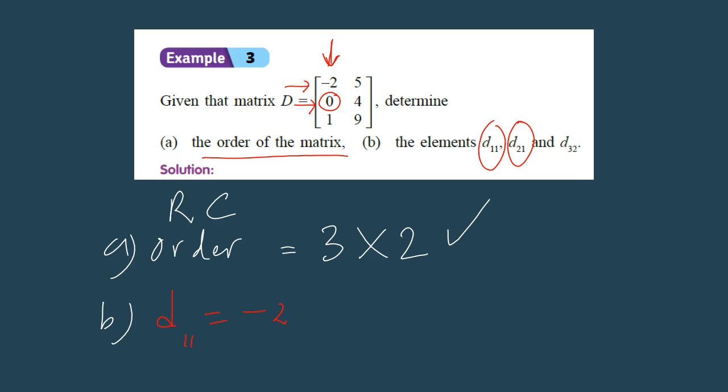This is 0. D21 is 0. Okay, last one. D32, the third row and the second column is number 9. So D32 is 9. Okay, very easy, a piece of cake.